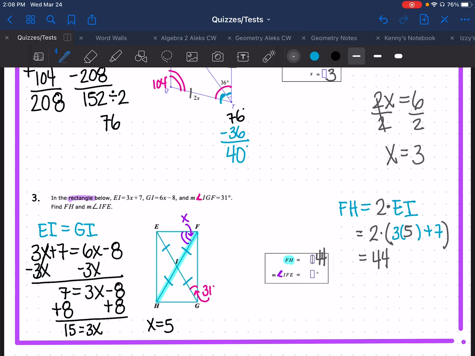All right, the angle. Now it says right here that they gave me IGF is 31. That's in the pink. But they want me to find the purple one, which is IFE. Well, I remember reading that a rectangle has 4 right angles.